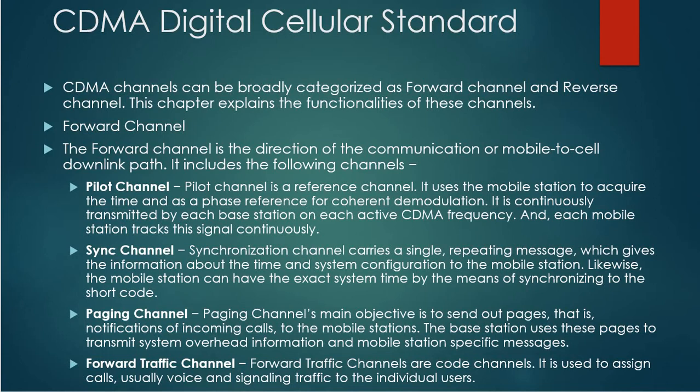This is covered by the tower, and besides this we have a BSC or MSC or BSS. This base station subsystem communicates to the MSC, the mobile switching center, and the MSC communicates to different types of databases like HLR, VLR or EIR.